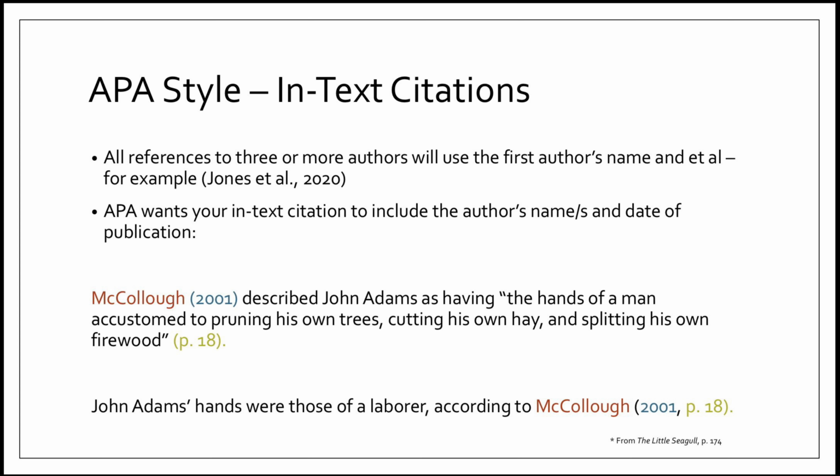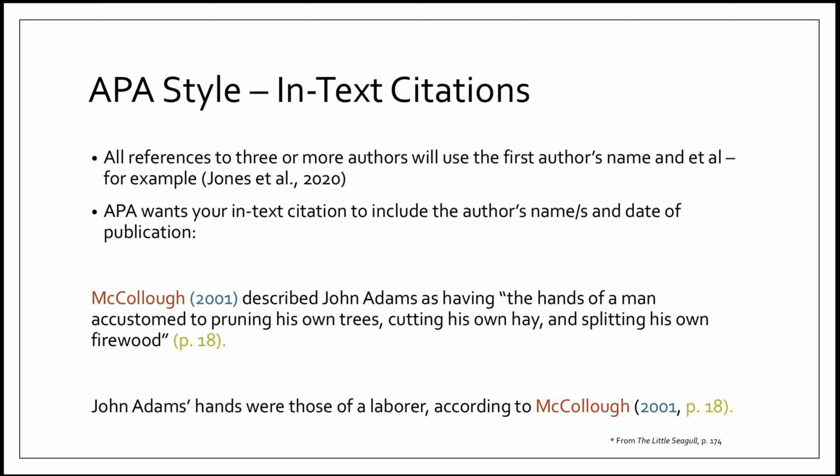When we do an APA formatted paper, either 6 or 7, as soon as you give the author of whatever you're citing, you have to have an in-text parenthetical citation immediately after the author's name. You don't get a choice. I'm sure there's some exception, but I'm telling you, you don't get a choice.